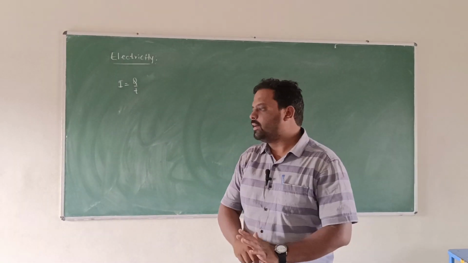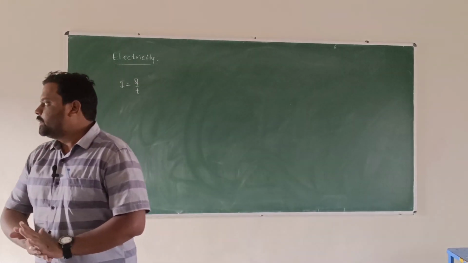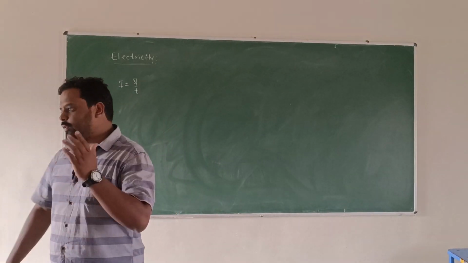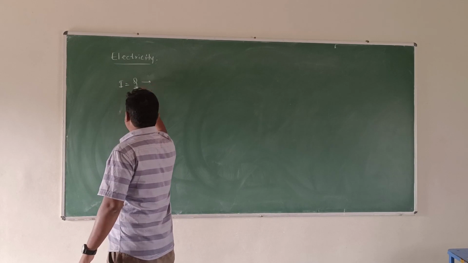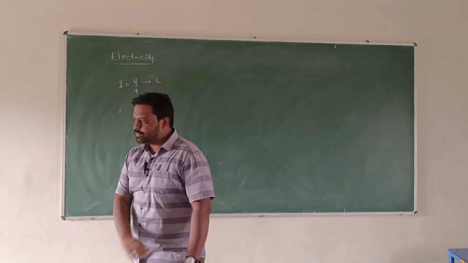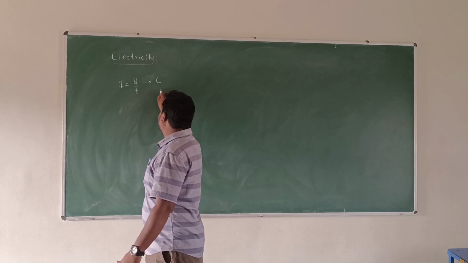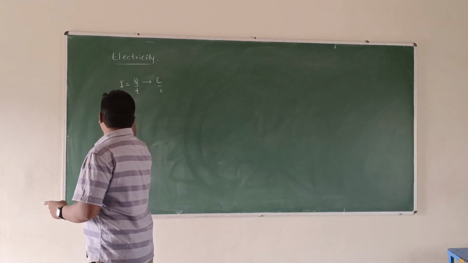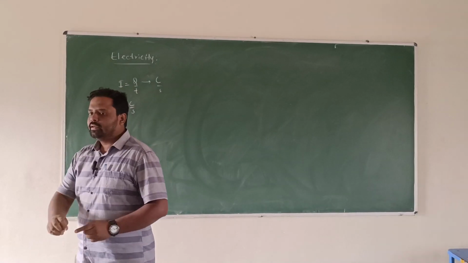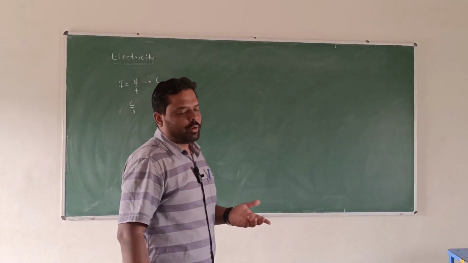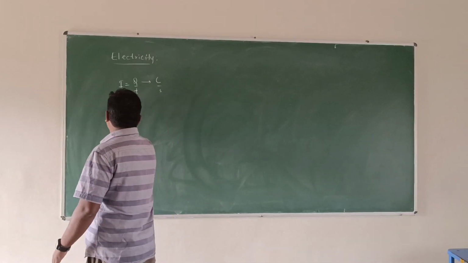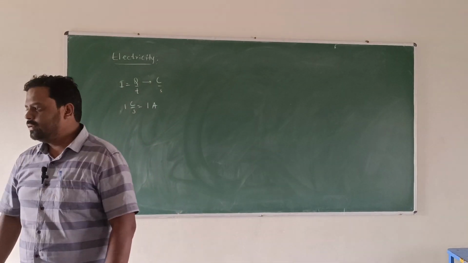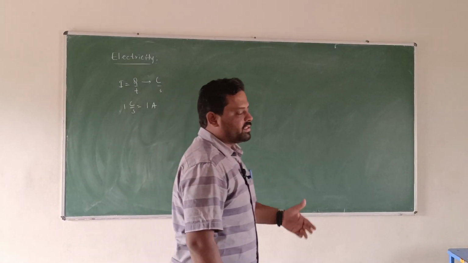Charges are measured in the unit called coulombs, and time is measured in seconds, which means the current has SI unit of coulombs per second, or in honor of a scientist called Ampere, 1 coulomb per second is also called 1 ampere, right? Okay. Then, what did we study after this?